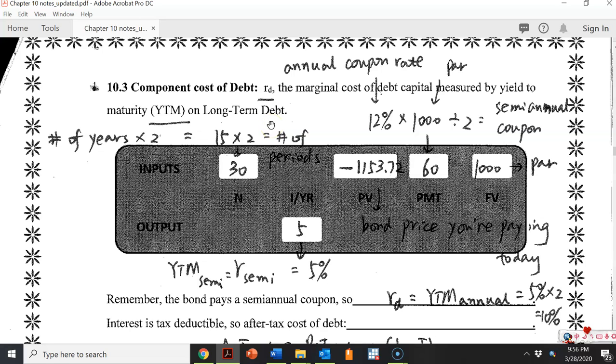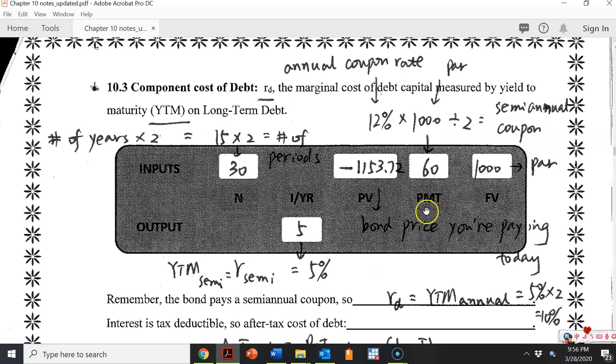Again, we know from the question this is a semi-annual bond, because the annual coupon rate given is 12%, par is 1,000, so we can use 12% multiplied by 1,000, so the annual coupon payment is 120. We divide by 2, so the semi-annual coupon payment is 60.